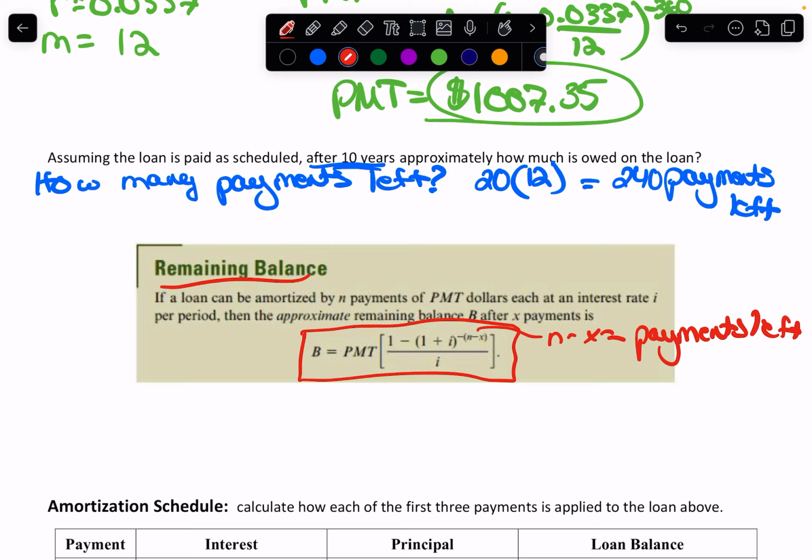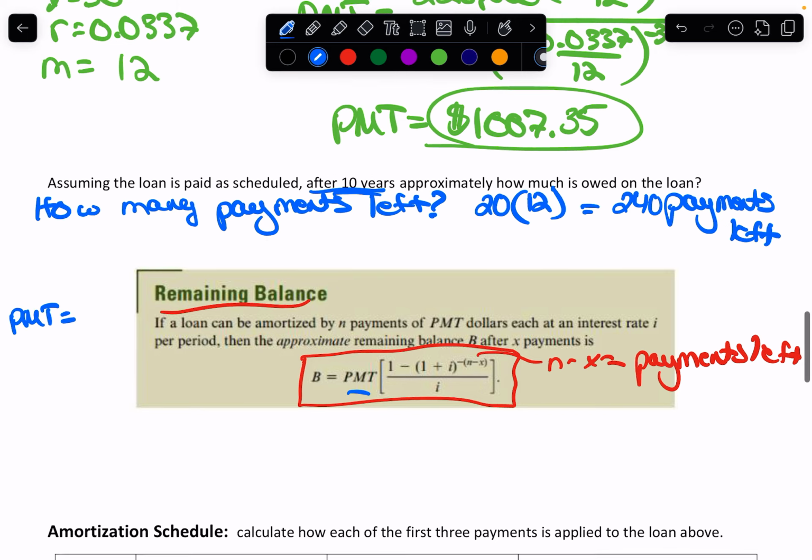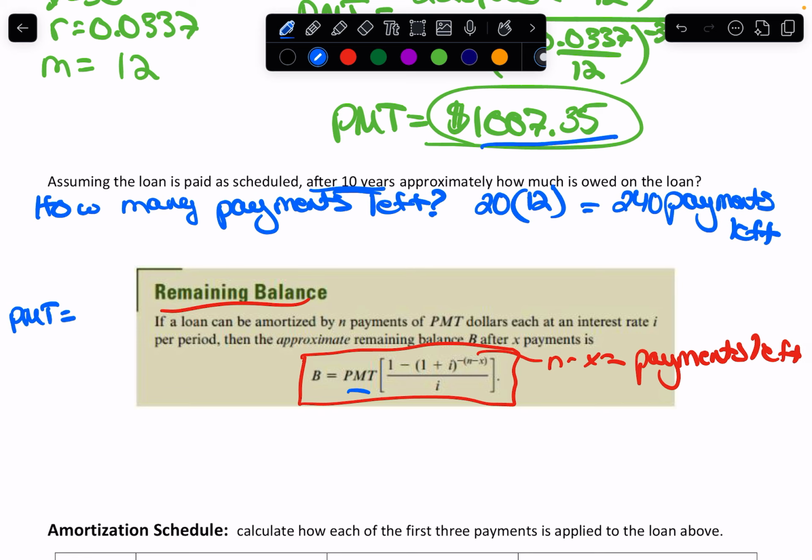So we're going to use this to calculate the remaining balance. Our PMT is $1,007.35. And our I has not changed.